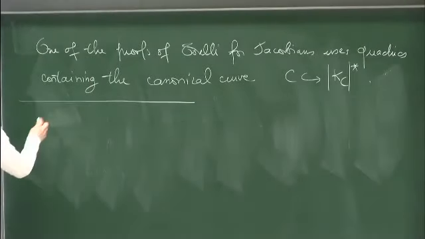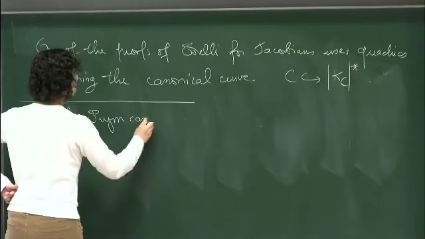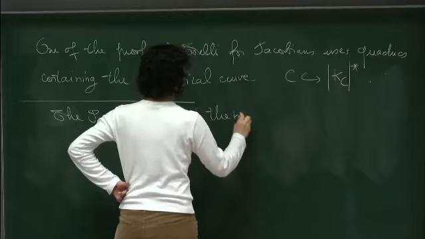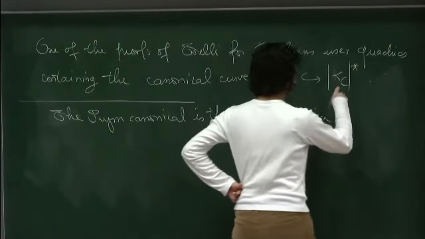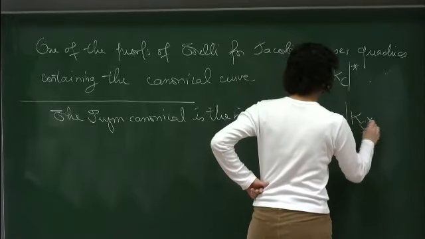So the Prym canonical curve is the image of C in not the canonical linear system, but a different linear system.